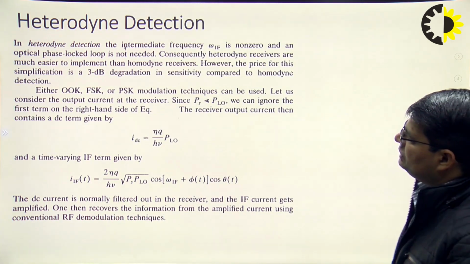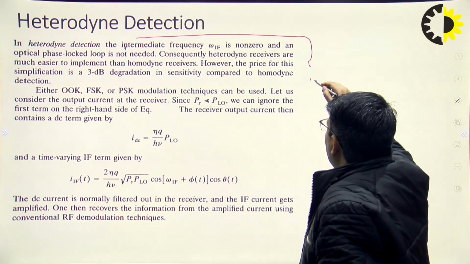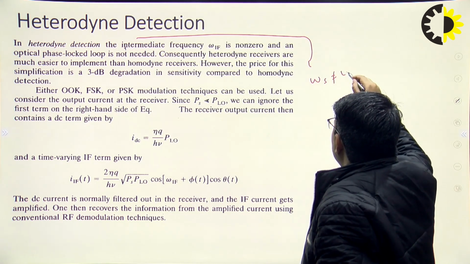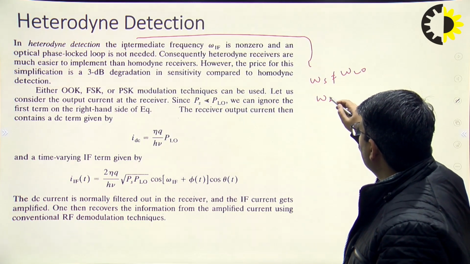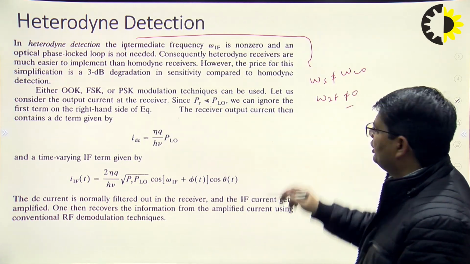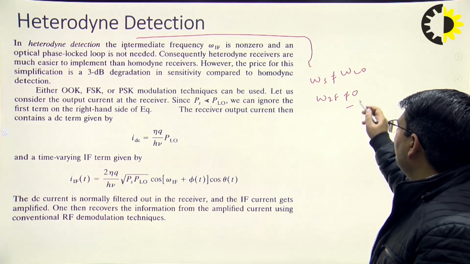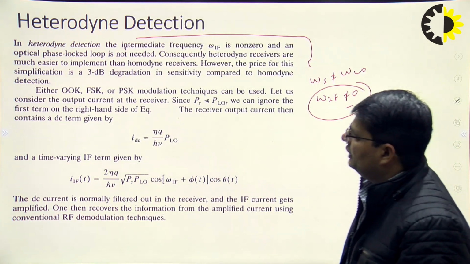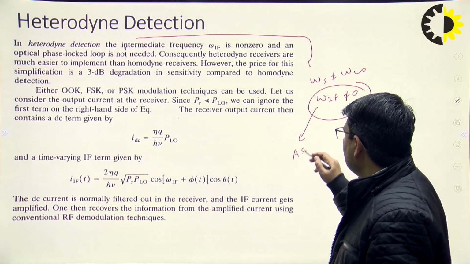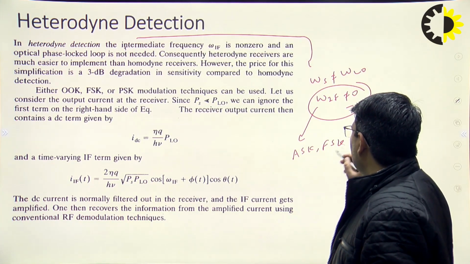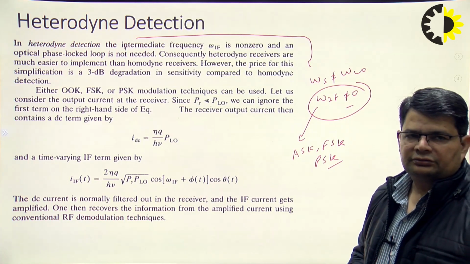In a similar way, we can study heterodyne detection. In heterodyne detection, there is no requirement of matching. So the intermediate frequency is non-zero for heterodyne detection. And if W_IF is non-zero, then there is no change in the power equation and all the factors are available, and we can apply ASK, FSK as well as PSK modulation schemes with heterodyne detection.